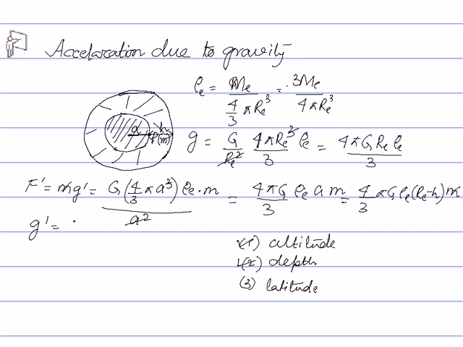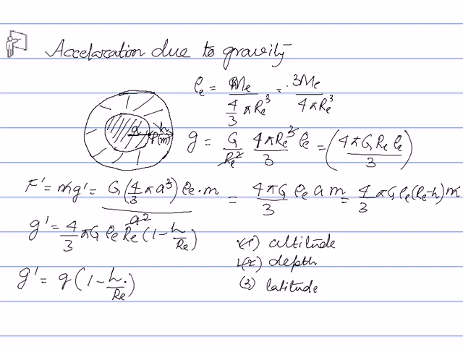Let us take out the radius common: (1 minus h by R_E). Now 4 pi G R_E rho_e by 3 is nothing but the acceleration due to gravity on the surface of Earth. So g dash becomes equal to g (1 minus h by R_E).